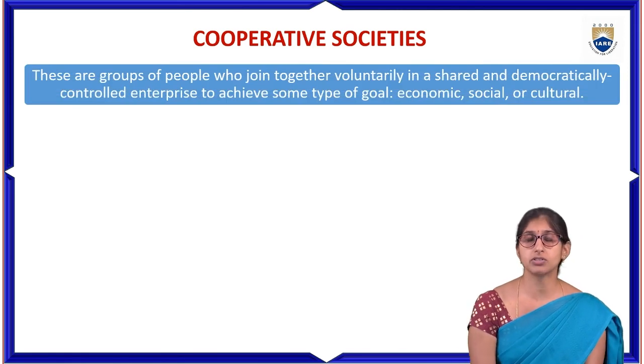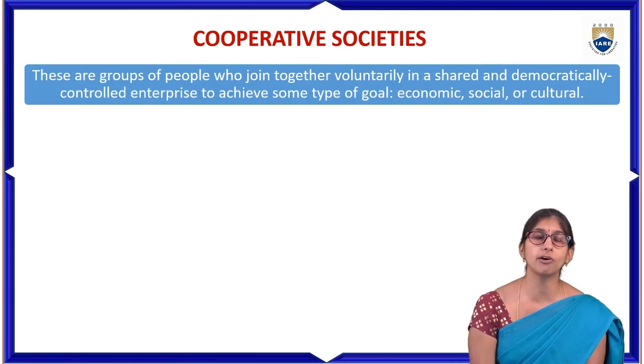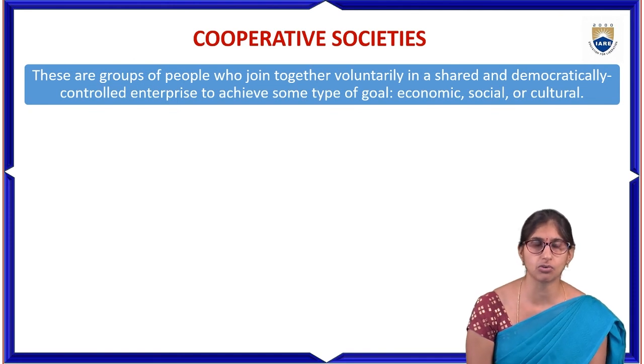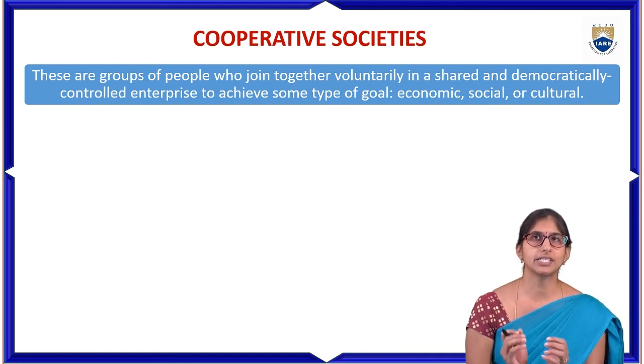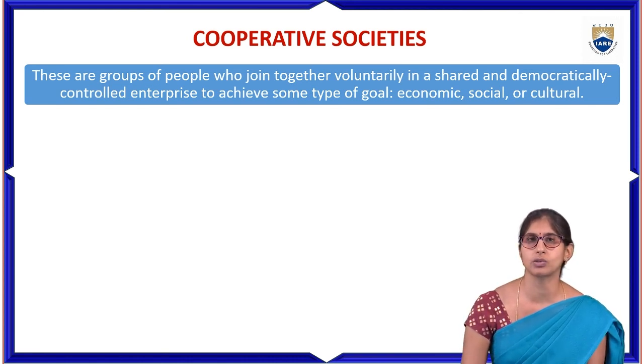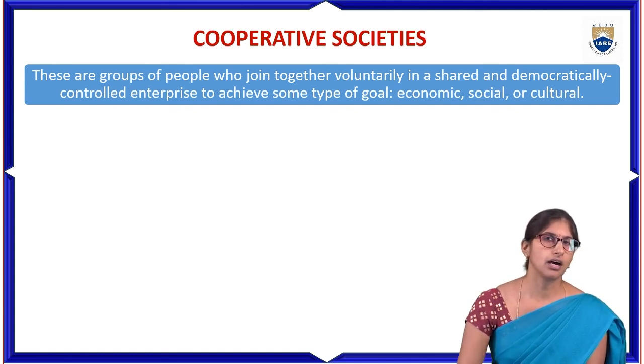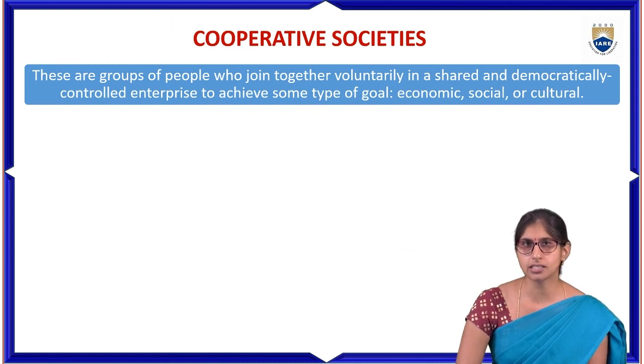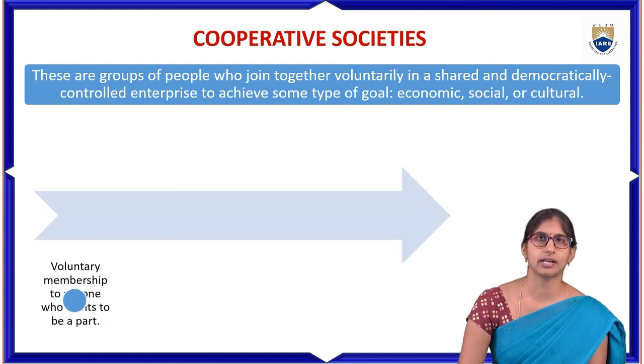These cooperative societies are groups of people who come together and join voluntarily to share democratically controlled enterprises to achieve some type of goal, like economic, social or cultural welfare activities. They come together voluntarily and form an association, which we call a cooperative society.